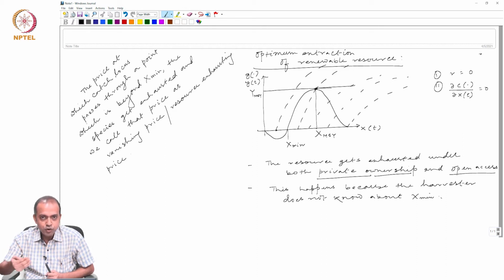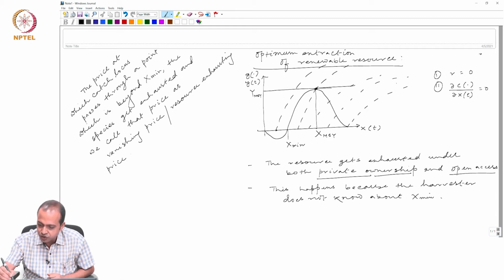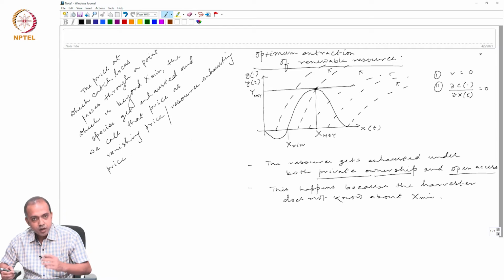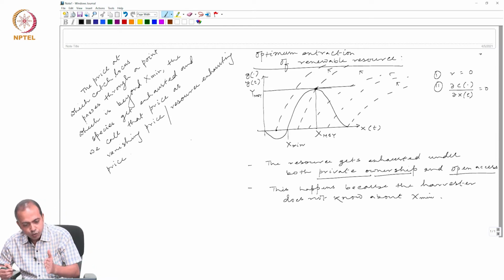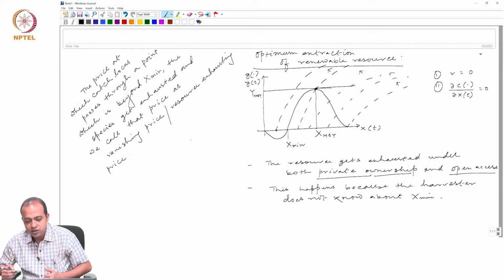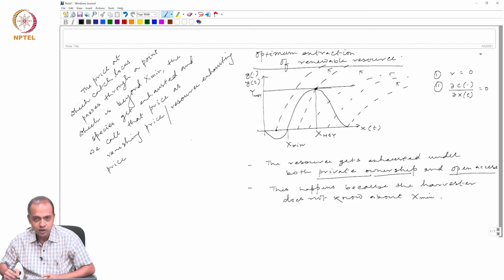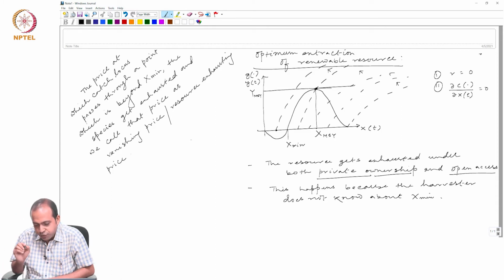He or she will keep on increasing the rate of extraction, the catch locus will continuously shift upward, and at one point it will pass through this point which is beyond x min. This may happen under both private ownership and open access, because neither the private owner nor the other people were aware of this x min level of stock.